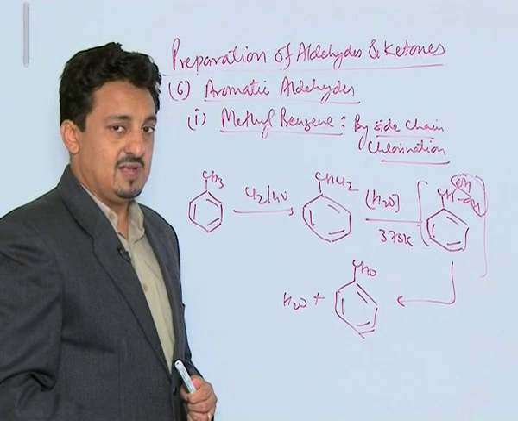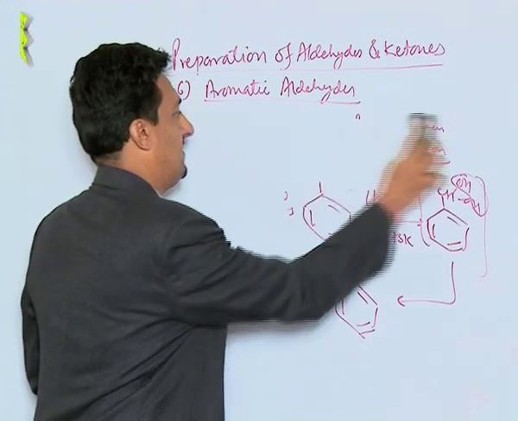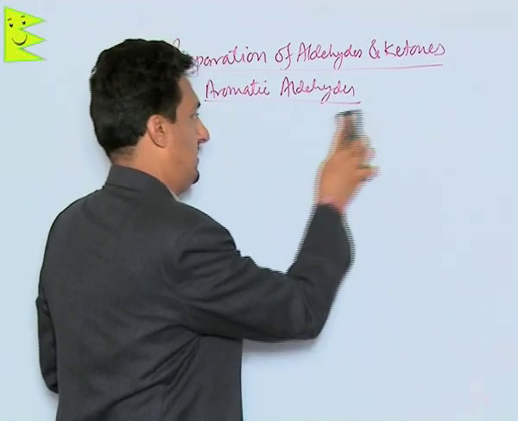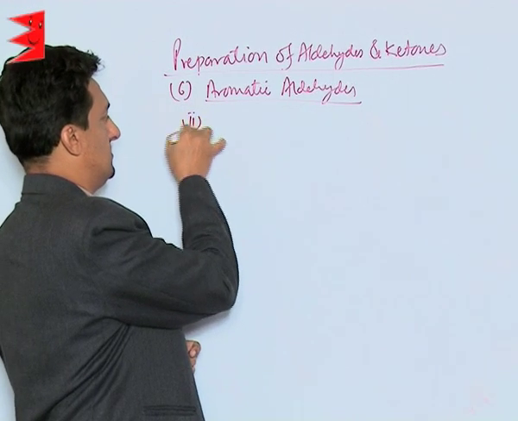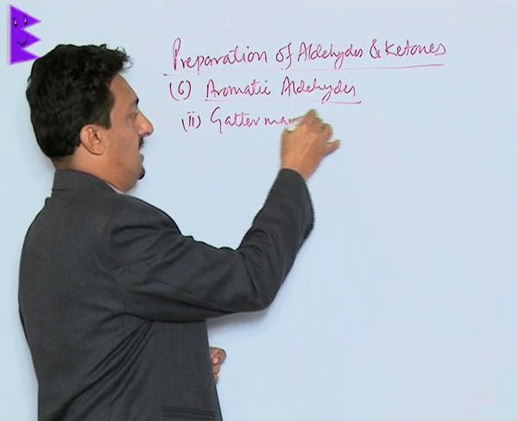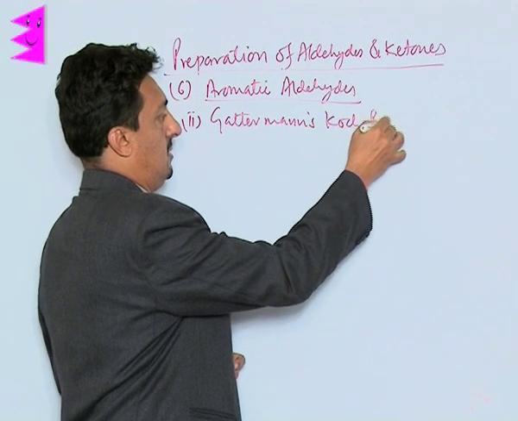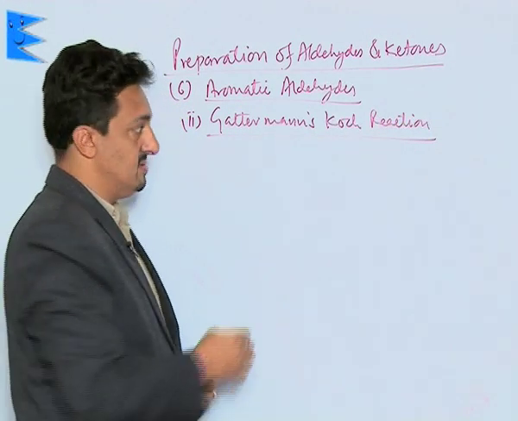There is one more method of preparing benzaldehyde, and that is called Gattermann's Koch reaction.